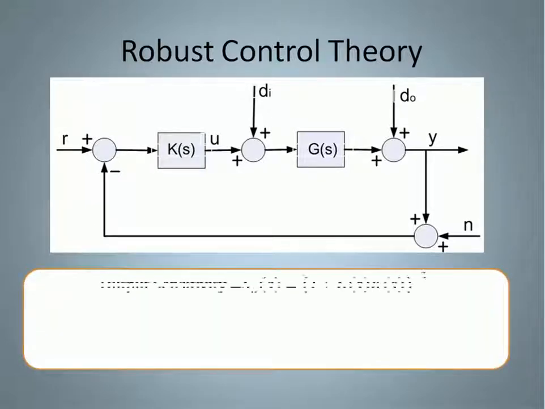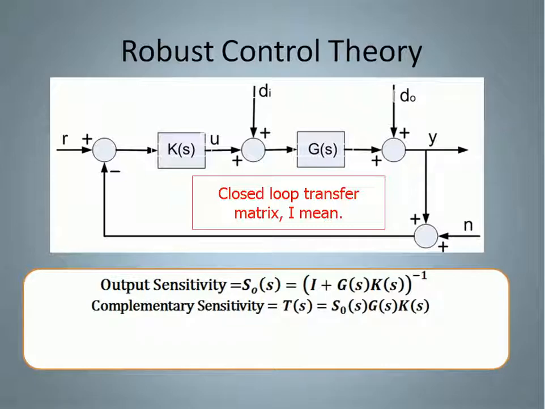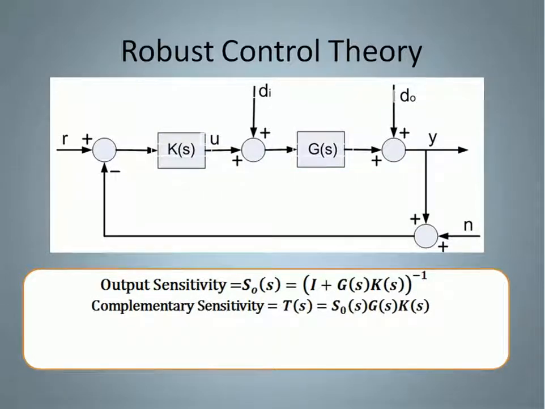That quantity is called the output sensitivity. We have also the complementary sensitivity, also known as the closed-loop transfer function. Between these two quantities, there is a relationship given by the following equation. This relation is important because it says that if we know one sensitivity, we know then the other one.